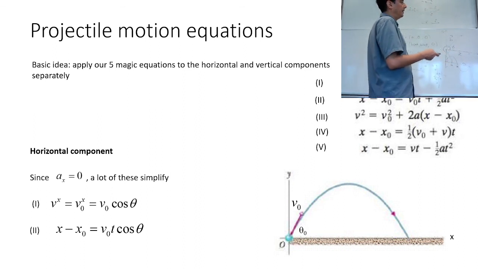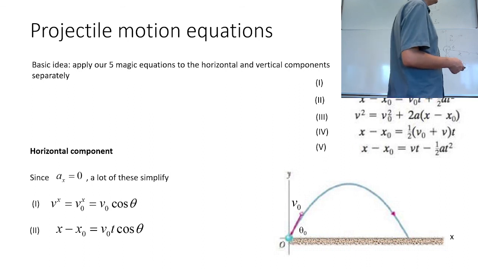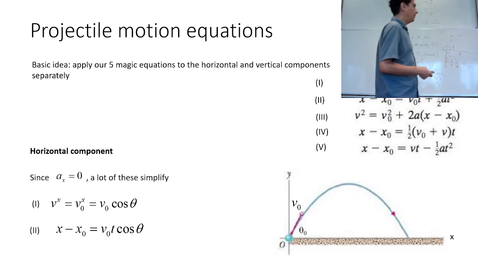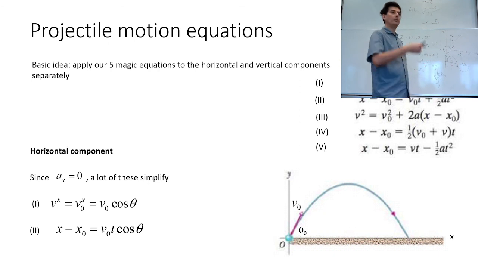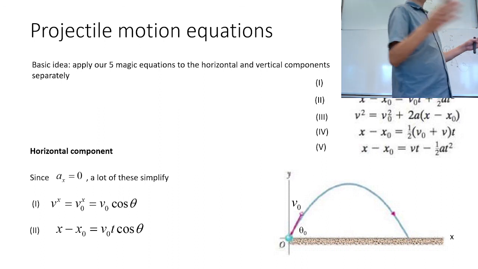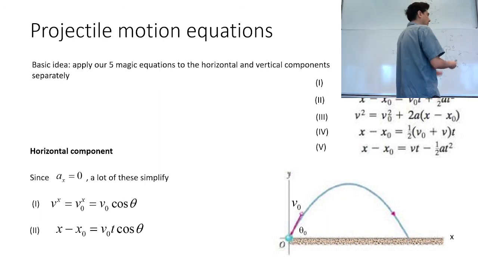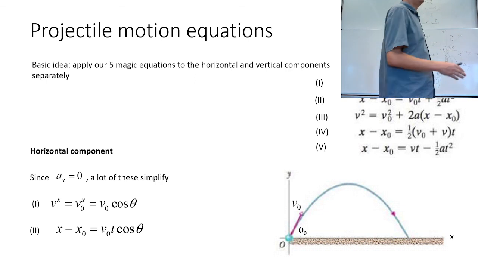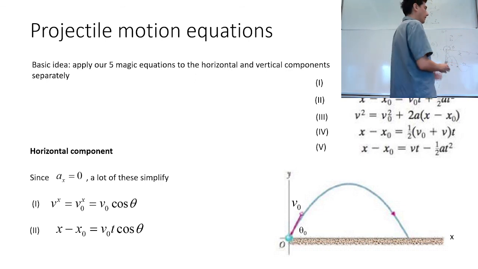We learnt these 5 equations in chapter 1, and so these would apply to the vertical direction of the object. And the horizontal component is much easier because it simply travels at constant velocity throughout its movement, right? So you can view this as setting a to 0 in these equations.